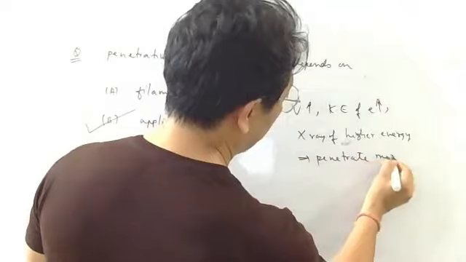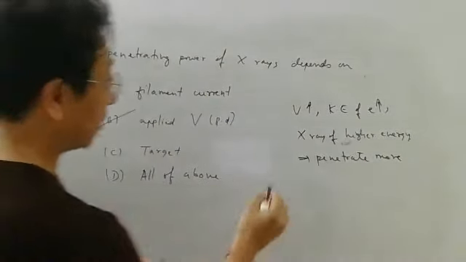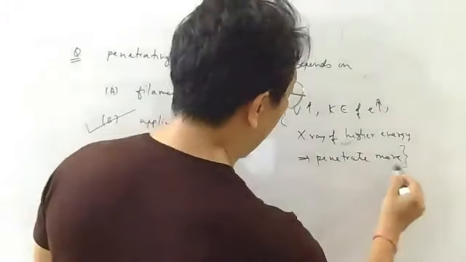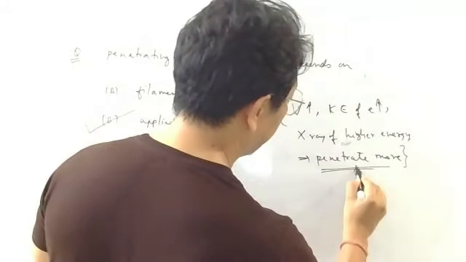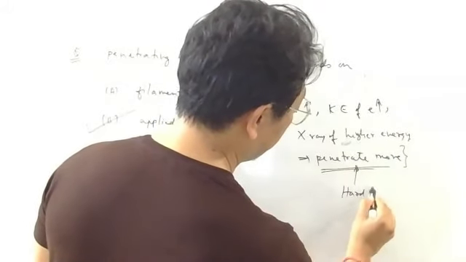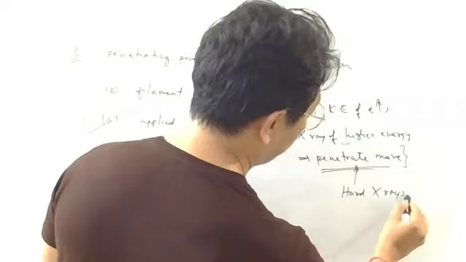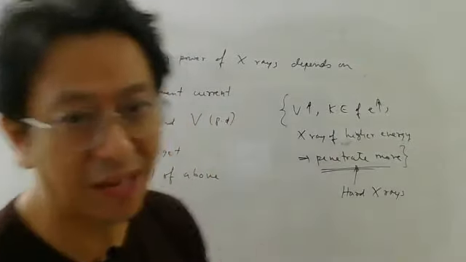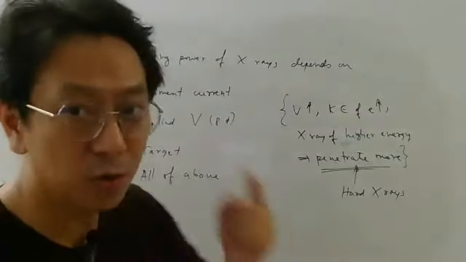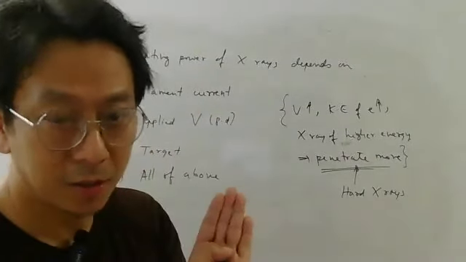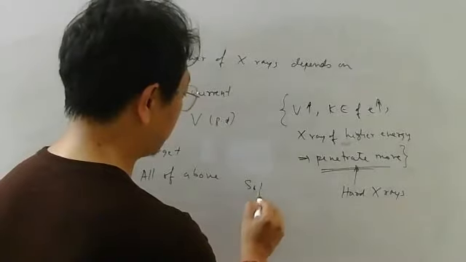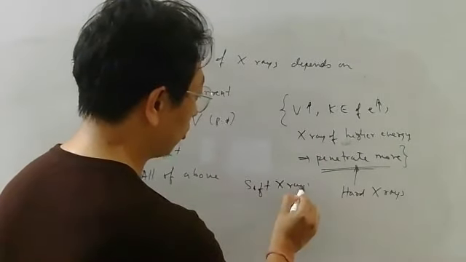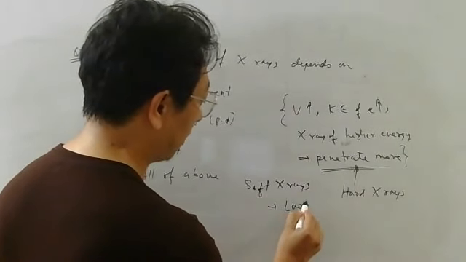Those X-rays which can penetrate more are called hard X-rays. And those which cannot penetrate more are called soft X-rays. So soft X-rays means you can think low voltage. If they mention soft X-rays, then you have to think of low applied voltage.